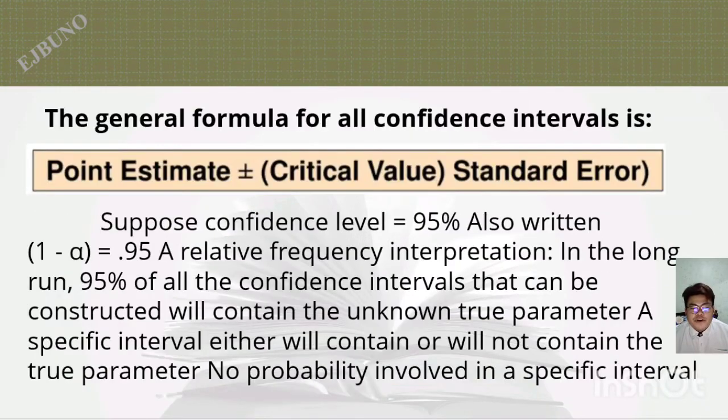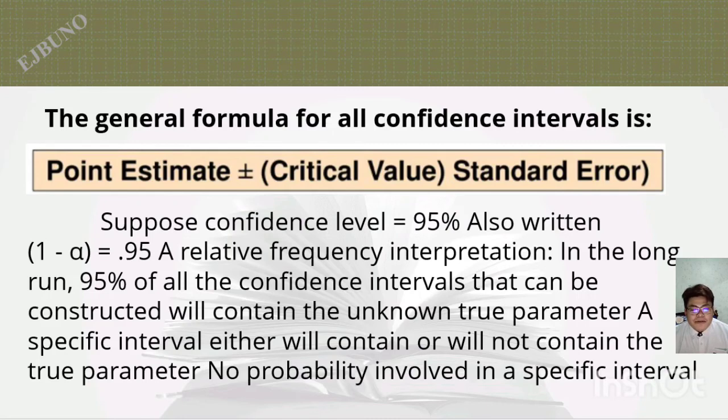The general formula for all confidence intervals is point estimate plus or minus critical value times standard error. Suppose the confidence level is equal to 95%, also written as 1 minus alpha is equal to 0.95.